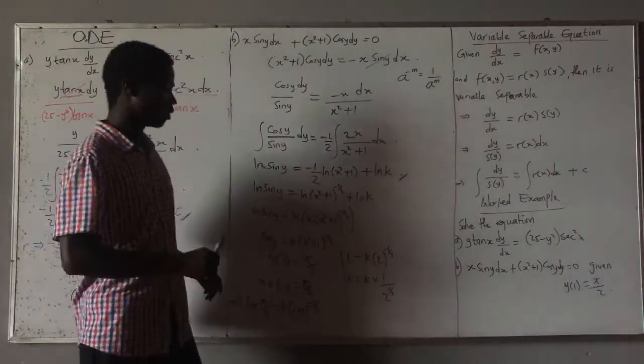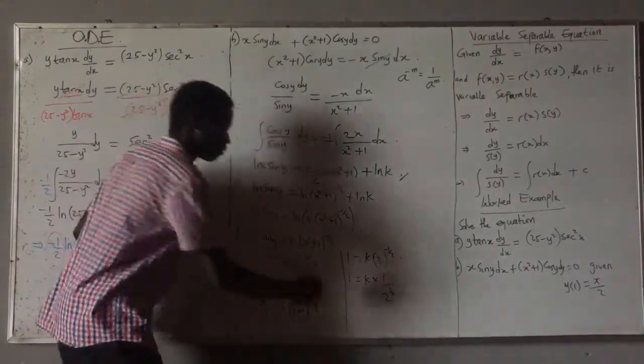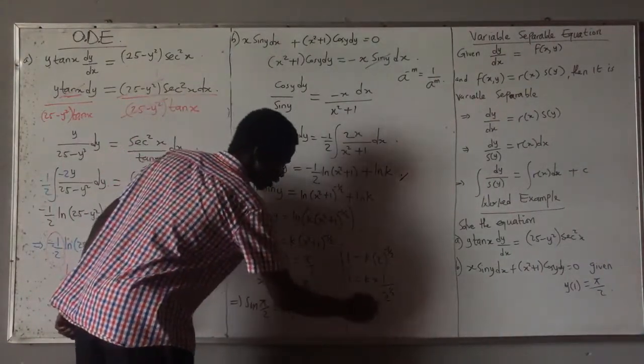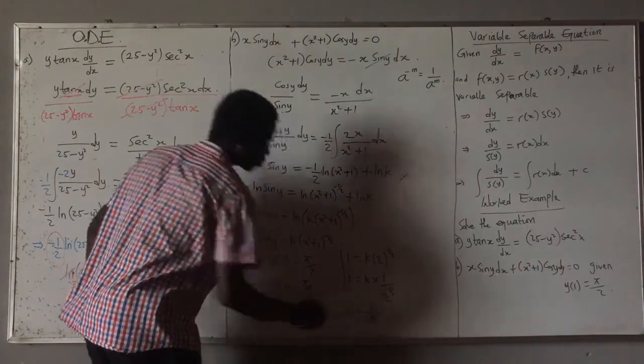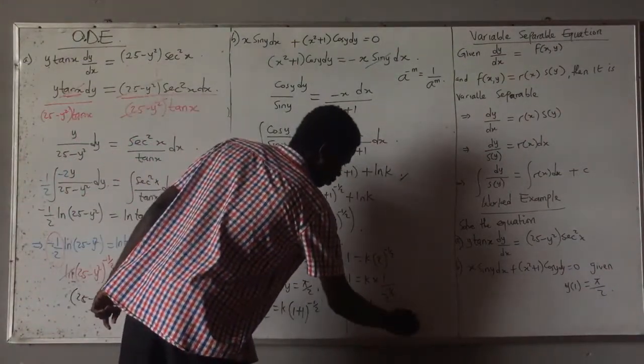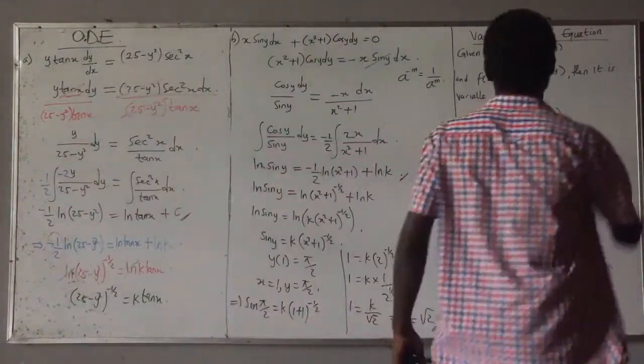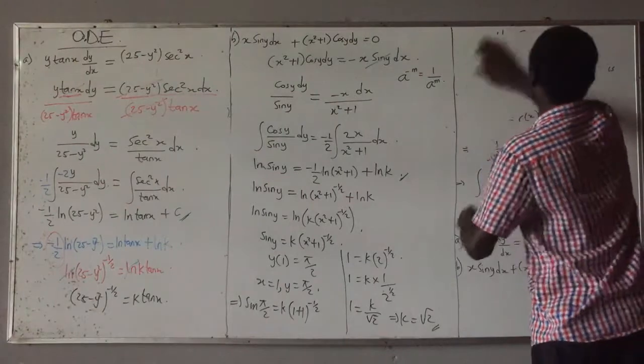That's what you do now. So this is 1 over 2 raised to power 1 over 2. So this is 1 equal k times 1 is k over root 2. So cross multiply. That means k will be equal to root 2. So you've gotten the constant. So just put in the value now.